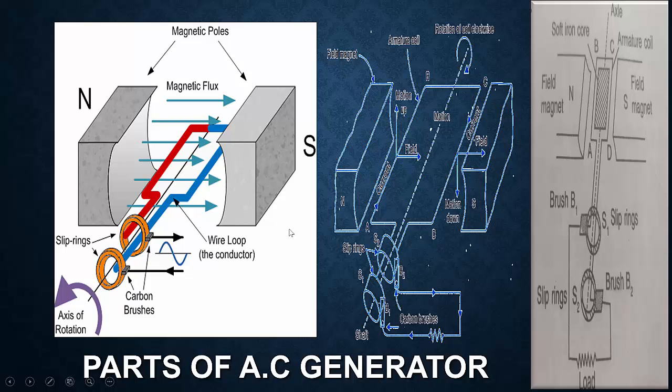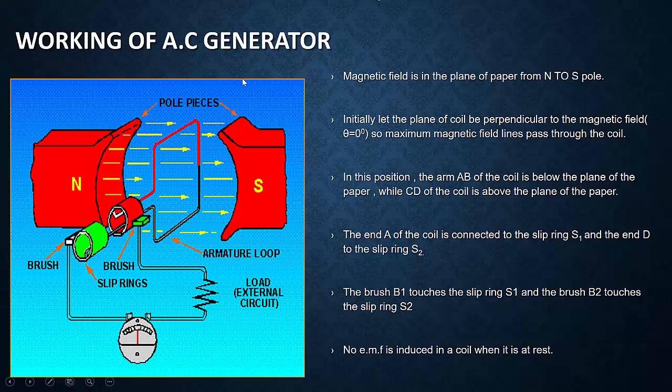Now let's see how it works. The working of the AC generator is shown in this figure. Initially, let the plane of the coil be perpendicular to the magnetic field. This is the plane of the coil. The magnetic field is in the direction of north to south, indicated by these yellow lines.